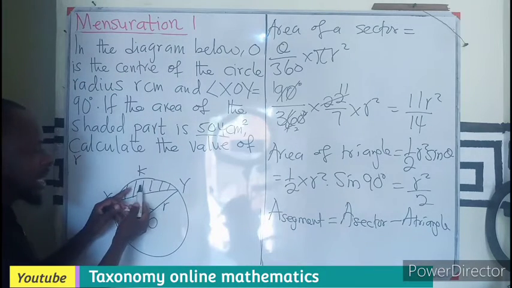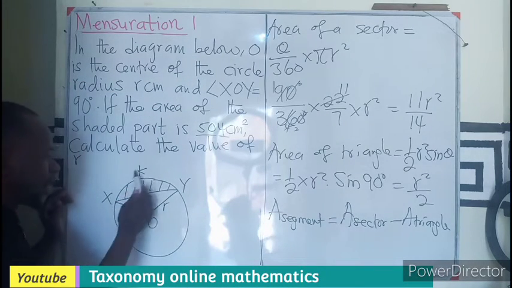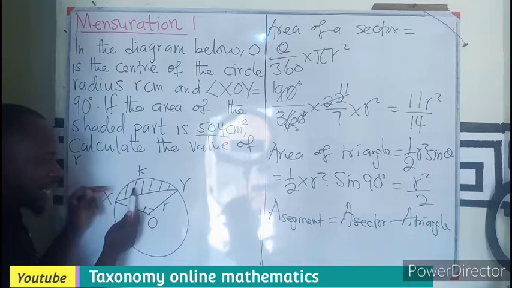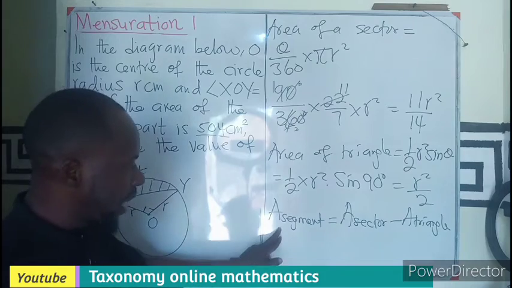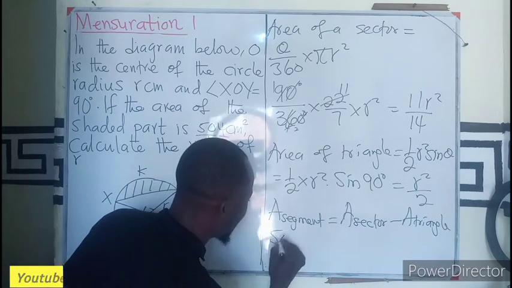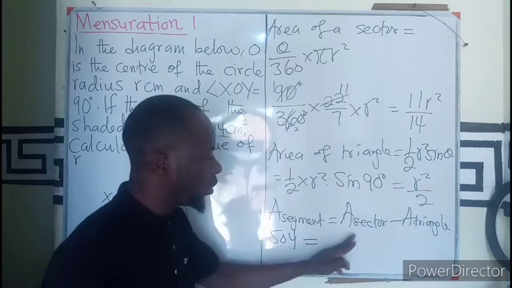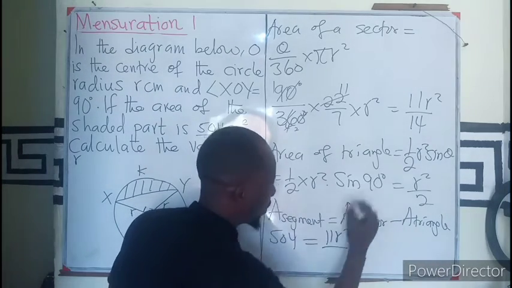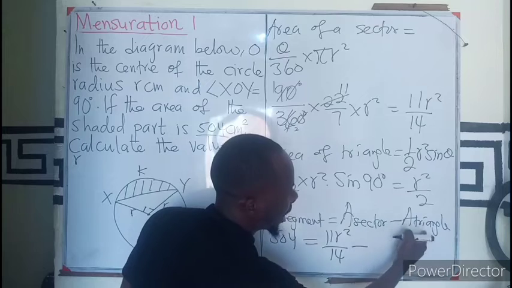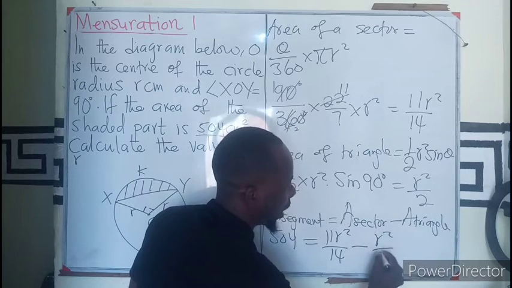So right away, our 504 is going to be equal to 11r squared over 14 minus r squared over 2.